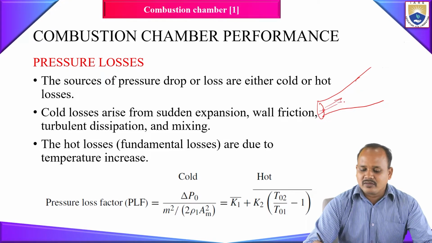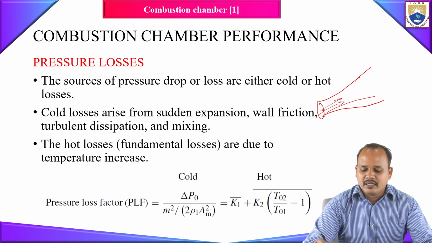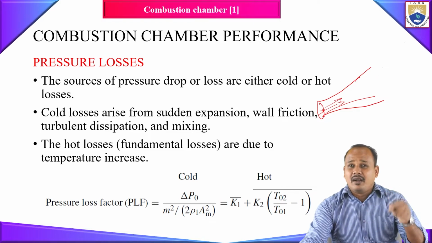When the flow passes through this divergent section, the pressure increase creates boundary layer growth. It is basically an adverse pressure gradient, which can easily lead to flow separation. If there is flow separation, you will have total pressure loss. Since there is a presence of solid bodies, not only in this diffuser section, next you have the snouts, and the flow passes through the spacing between your liner and casing.